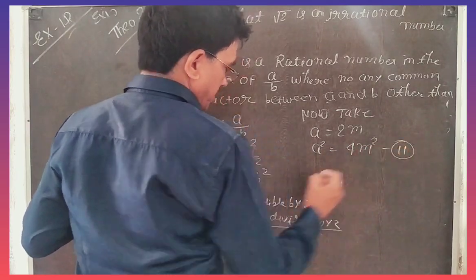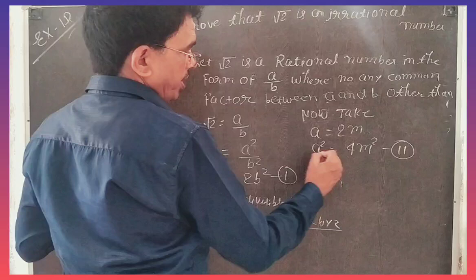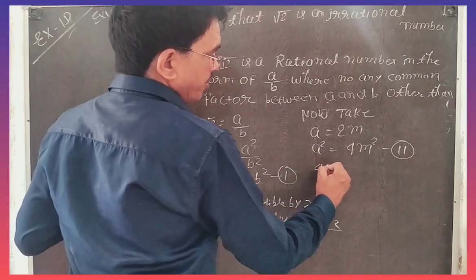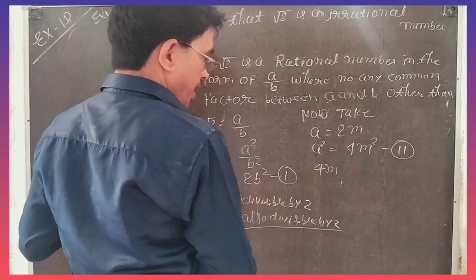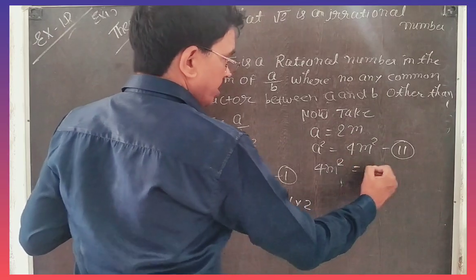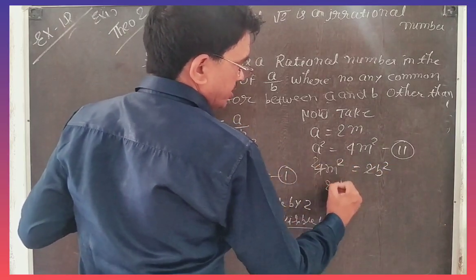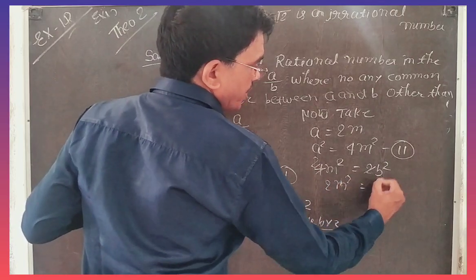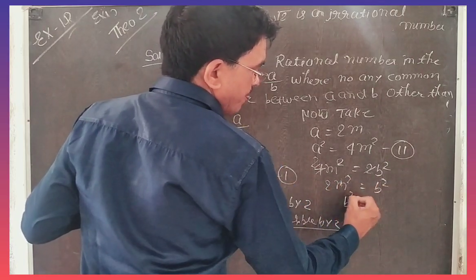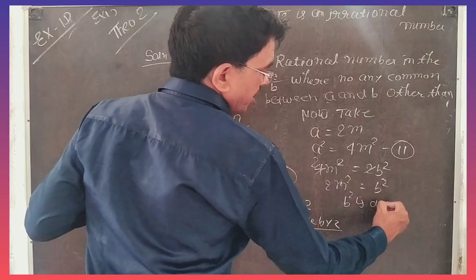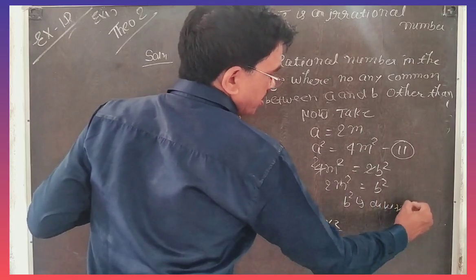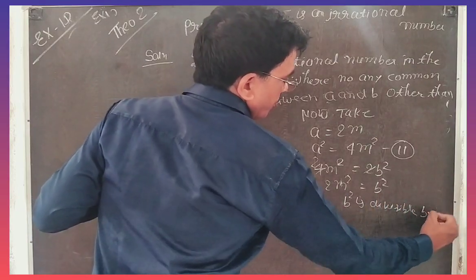Second equation. And here is the first equation. Now substitute their values. a square is equal to 4m square, and here is 2b square. 2 cancels. Here 2m square is equal to b square. So we can say b square is divisible by 2.